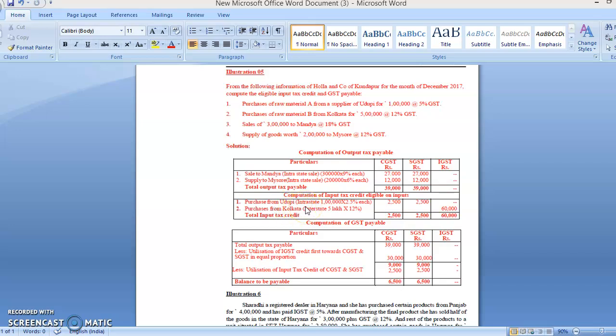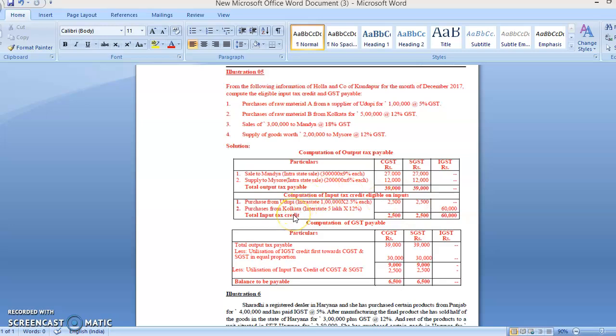So it's within state again, intrastate, that is CGST and SGST. 1 lakh of raw materials has been purchased. That is 1 lakh into 5% GST means CGST and SGST together 5%. So each 2.5%, that is 2,500 CGST and 2,500 SGST he has paid for the purchases made from Udupi.